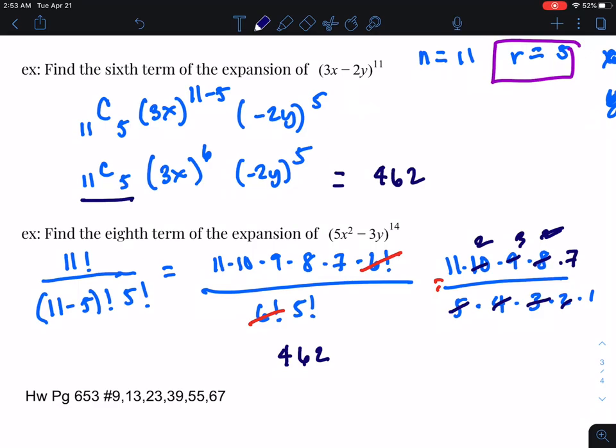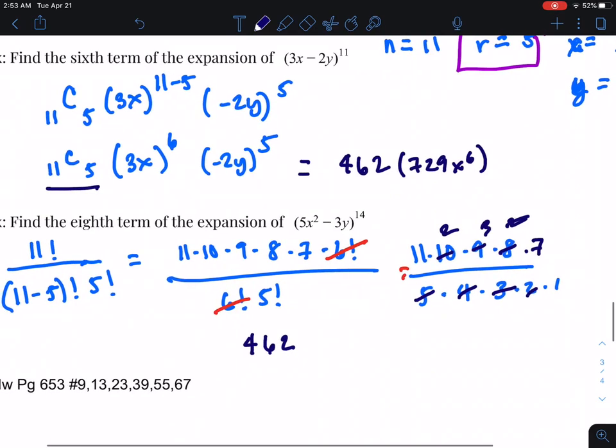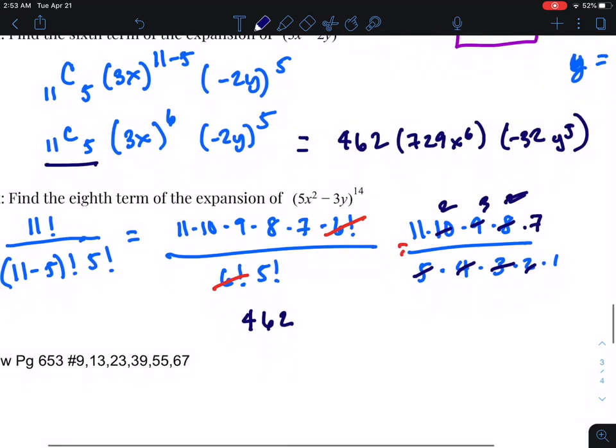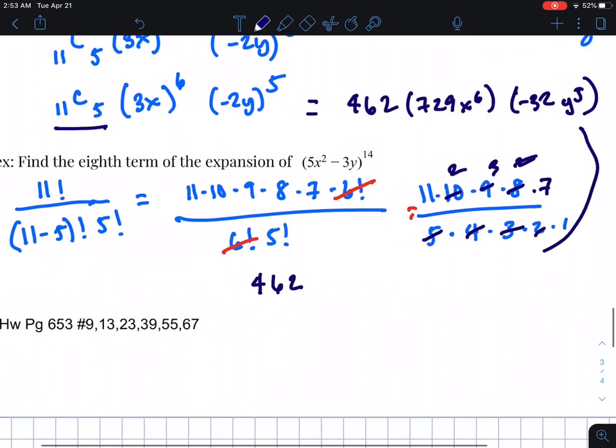3 to the 6. That's 729 x to the 6 times negative 32 y to the 5th. Okay, let me just bring that down here.